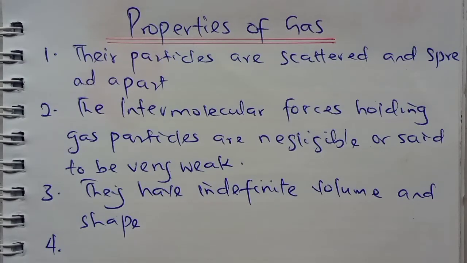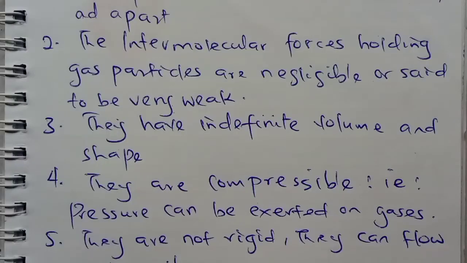You can compare that with solid and liquid. In solid we have definite volume and definite shape, but in liquid we have definite volume but indefinite shape. But for gas we have both indefinite volume and indefinite shape. They are not rigid and they can flow most easily.